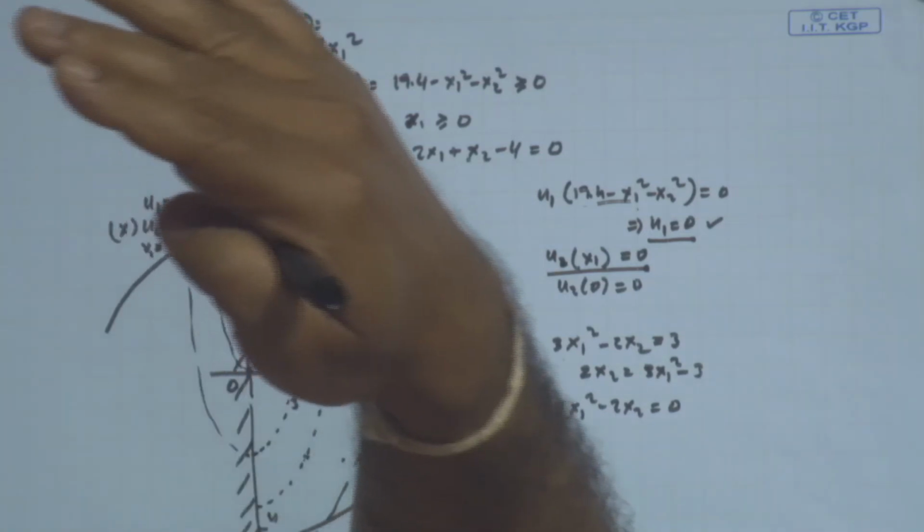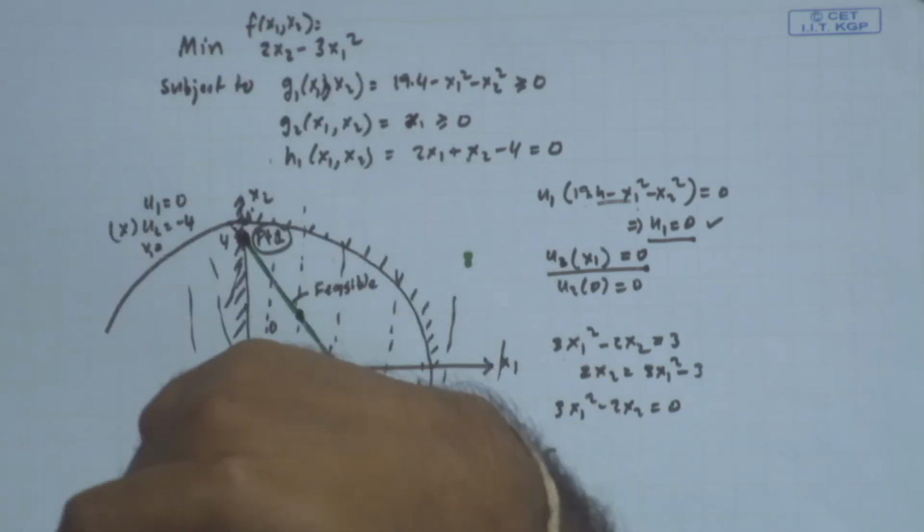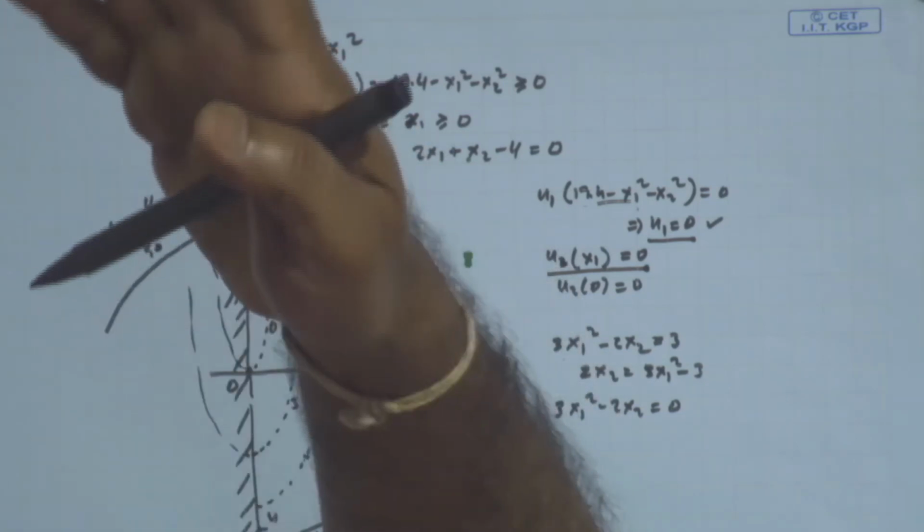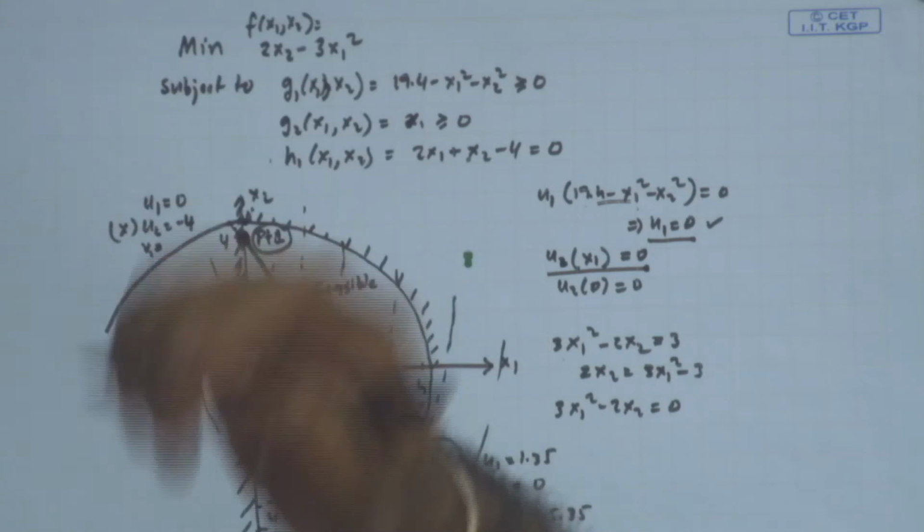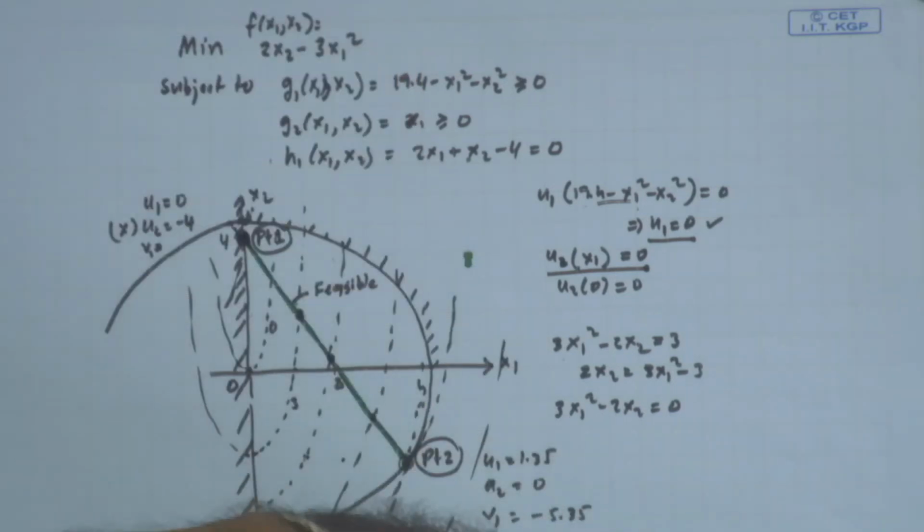There is a last condition that says all u's should be greater than or equal to 0. You just told me that you got minus something. So that means it doesn't satisfy, so it's not a KKT point, right?